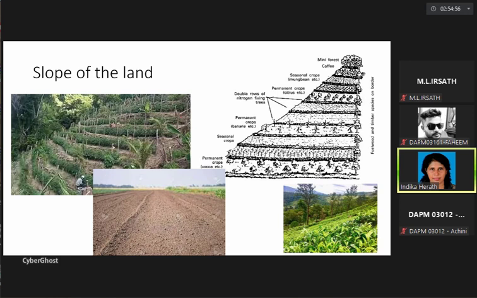You can see that this land, you have seen many of this kind of land in the upcountry in Sri Lanka. If you think about this land, the slope goes this side. Any water falling on the upper land areas will move along this direction, right?